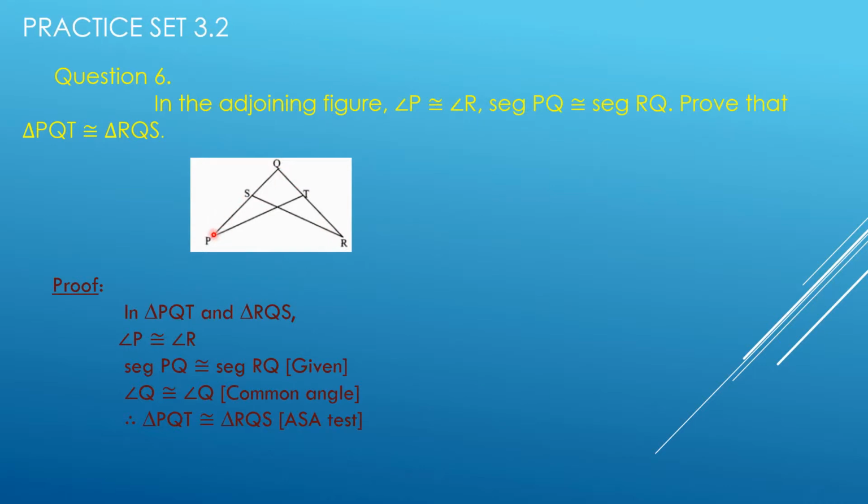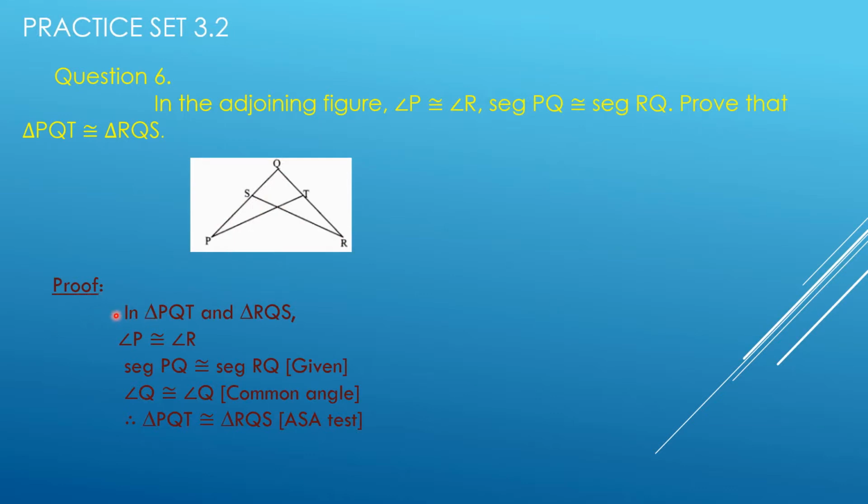Angle P and angle R are equal, and segment PQ congruent to segment RQ, that means angle and side, and Q is the common angle of these two triangles. Therefore, first you have to write what is given in the question.